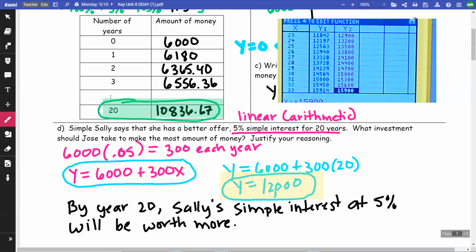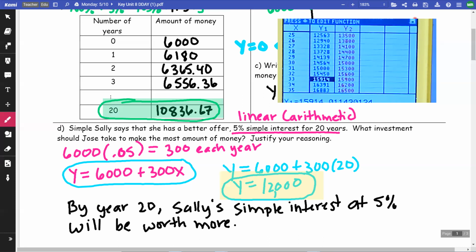Now, all of a sudden at year 33, you see that even though the 3% interest is less than 5% interest, if it's compound interest, it's actually going to be a better deal after 33 years than the 5% simple. As we keep going, it's going to keep getting bigger and bigger than the other.